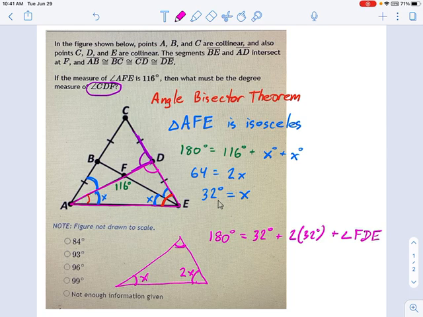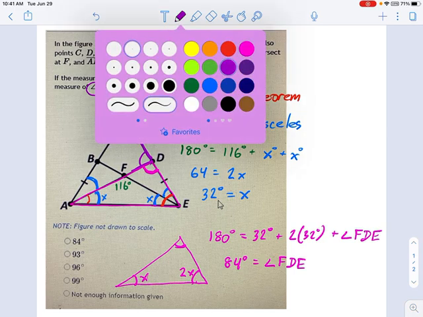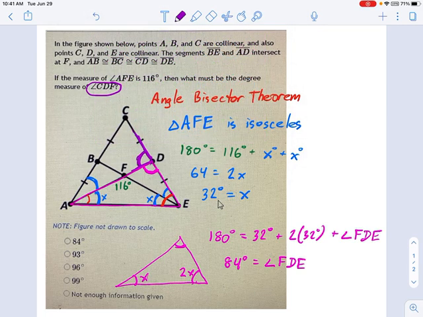And we can use a calculator to figure out FDE. We do 180 minus 32 minus 2 times 32. So that tells me that this is 84 degrees right here, this angle FDE. And the useful thing about angle FDE, that's this guy right here that I'm drawing, is that if I know that, I know the purple angle that is supplementary to it right here.